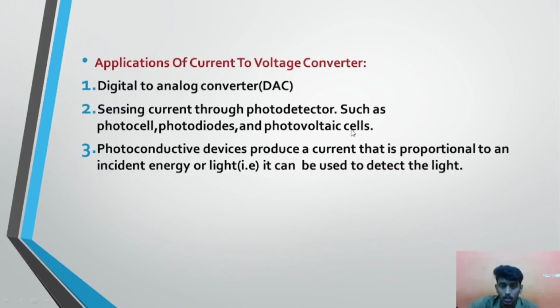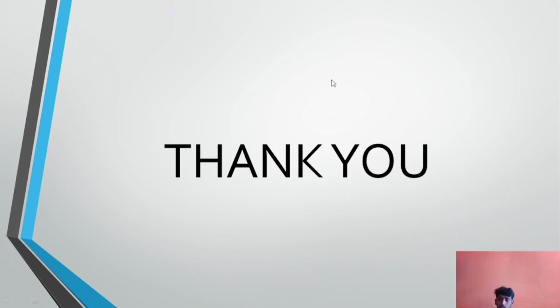You have learned these photocells, photodiodes and photovoltaic cells in the first semester of engineering and second PUC. A photoconductive device produces current that is proportional to the incident energy or light. It can be used to detect light. It is Einstein's theory, E is equal to h nu, which is applied at the photodiode. These are the applications of current to voltage converter. Thank you.